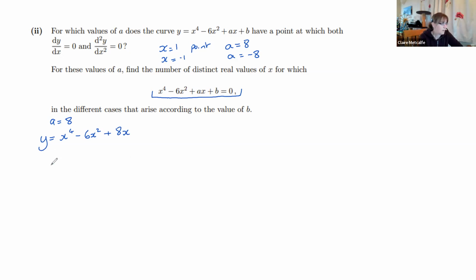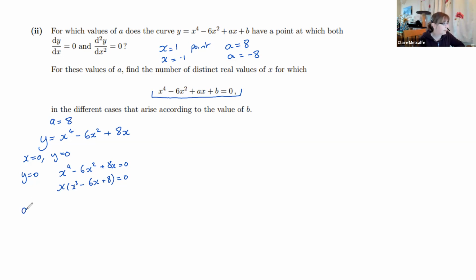In a similar way to before, we know that when x equals 0, y equals 0. When y equals 0, we've got x to the power 4 minus 6x squared plus 8x equals 0, so x times (x cubed minus 6x plus 8) equals 0. This is a cubic. Let's not worry too much about solving that cubic for now.